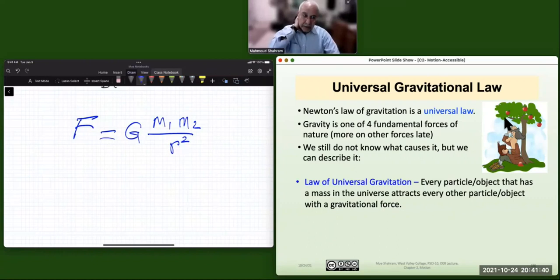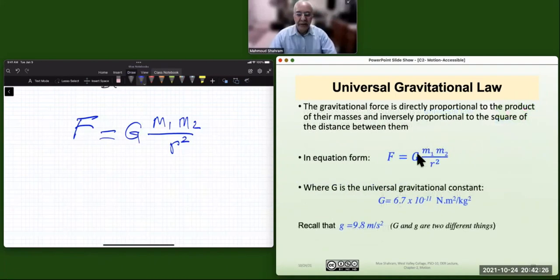So the reason you see the apple falling down to earth is because apple and earth are exerting force on each other. Earth is pulling down apple and apple is pulling up earth. But because mass of the apple is so tiny compared to the earth, that's not measurable. So this is the universal gravitational law of Newton.